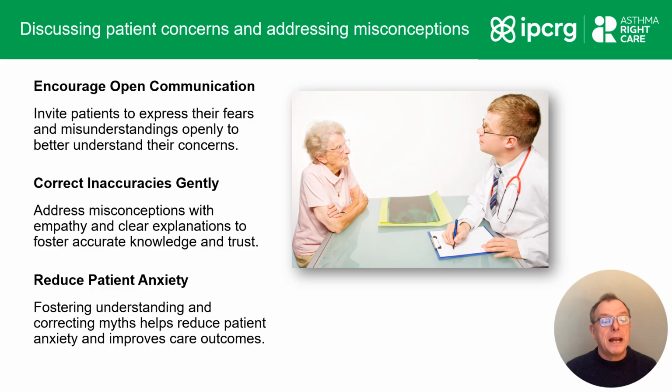Also, think about the inaccuracies. We don't want to be too paternalistic in saying, no, you're wrong, no, you're wrong again, no, that wasn't right either. What we should try to do is build on any inaccuracies they have and try and move them into a more medically accurate model, so that it helps them to understand and improve their knowledge, and also their trust in us, that we're not going to just say, well, you don't know what you're doing.